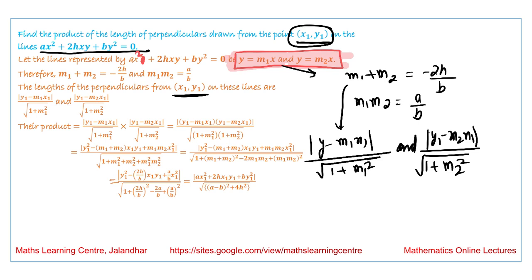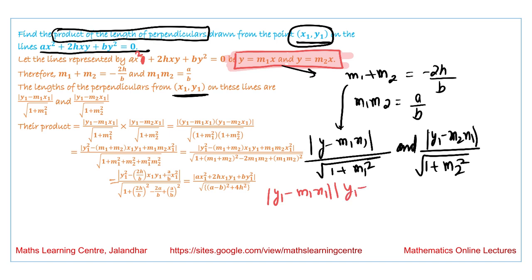It is given that we have to find the product of the lengths of the perpendiculars. So if we multiply both these terms, we get mod of y1 minus m1 x1 into mod of y1 minus m2 x1 divided by square root of 1 plus m1 square into square root of 1 plus m2 square.